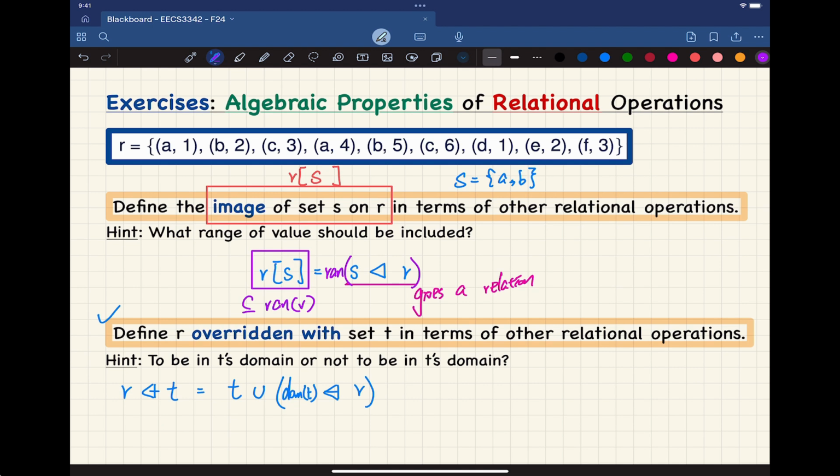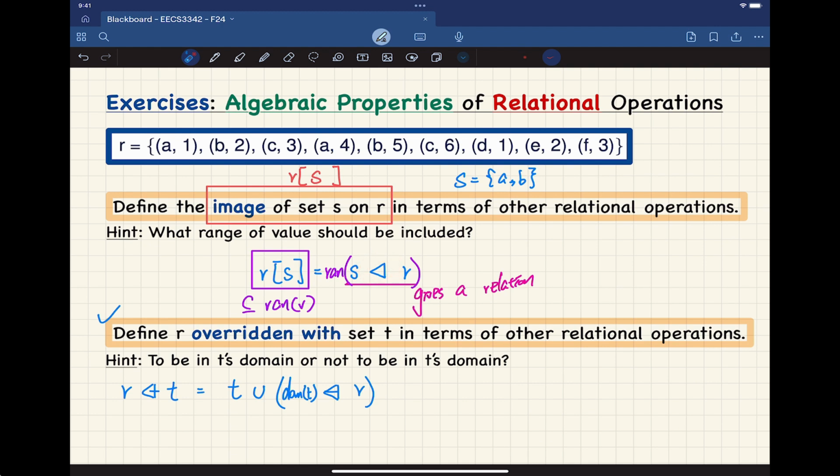So what you really want to think through when you go back home is, okay, now I know the relation image of R on S should be a subset of range of R. I know that. And this idea about image is I want to get all the pairs that are somehow related to S, the first value. So it's really like a restriction idea.